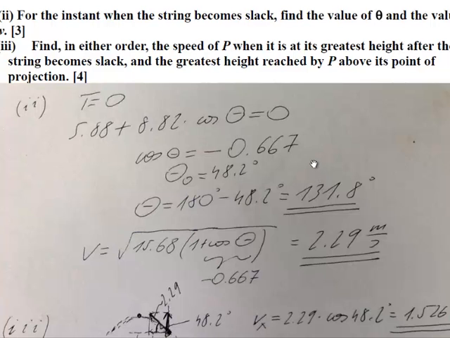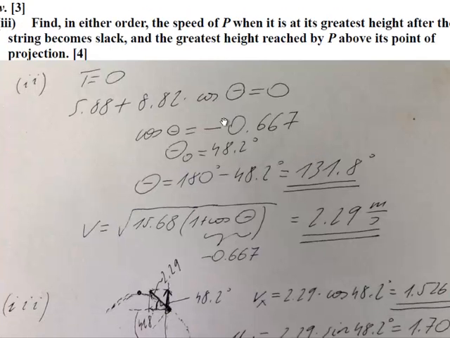We can use this first. We calculate theta null, arc cosine 0.667, not minus, 0.667.